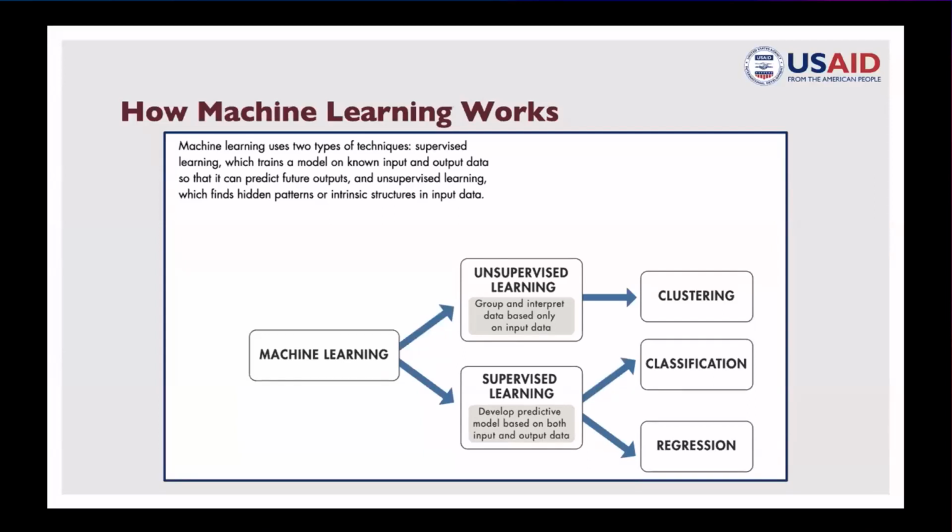While if you have an unlabeled data set, then you use unsupervised learning. Now, under supervised learning, we have two common techniques. We have the classification and then we have the regression. We further discuss that later on. While for unsupervised learning, we have clustering. Okay?